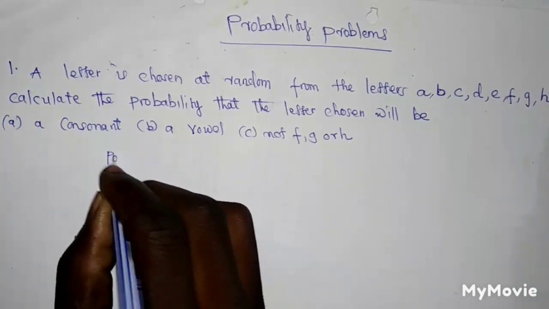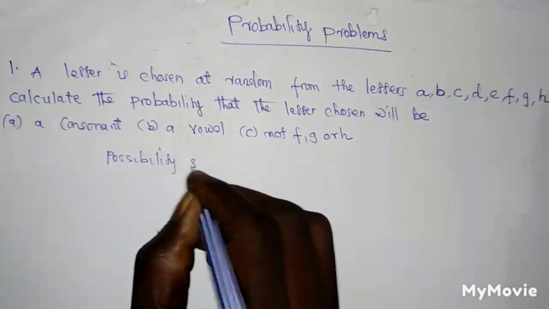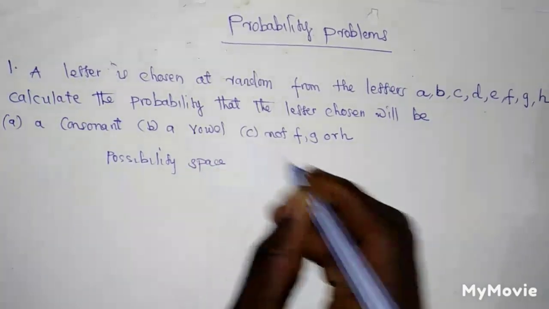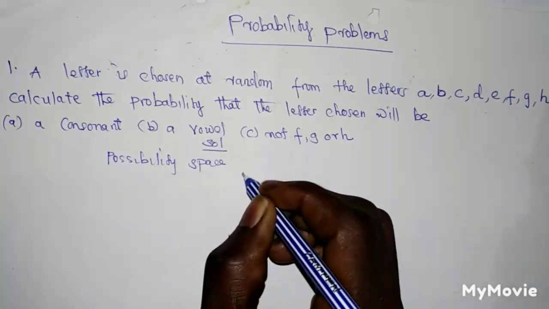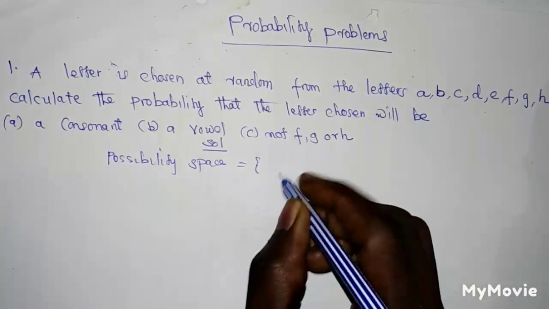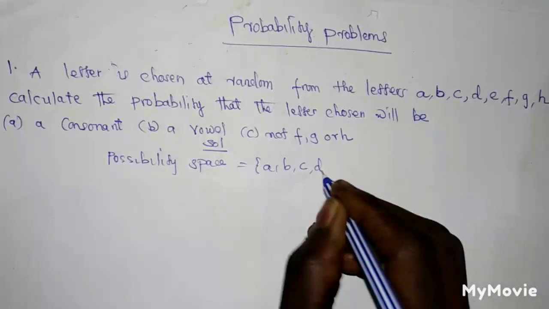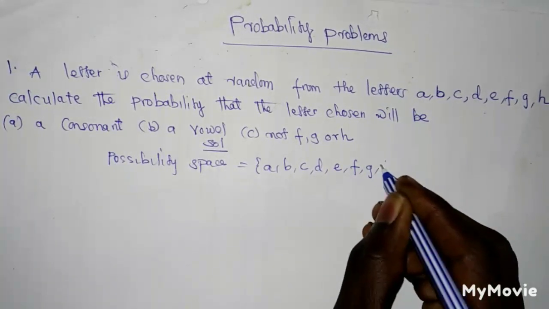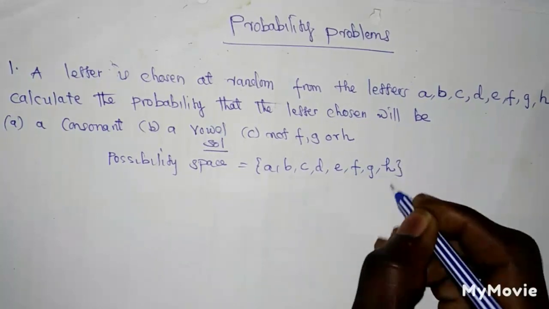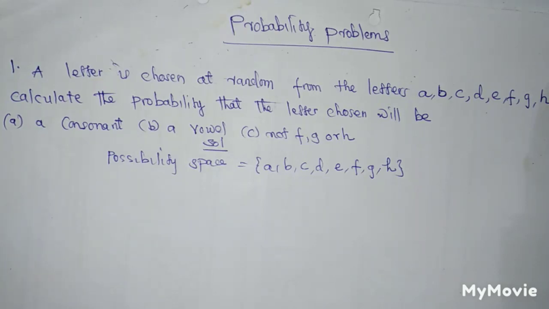So the possibility space will have A, B, C, D, E, F, G, and H. This is our possibility space, the set of all our outcomes.